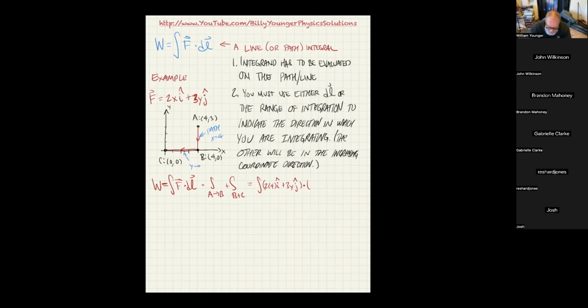So I'm going to say I'm integrating from y equals 3 to y equals 0. Okay. And then this guy just has to be in the positive y direction. So I'm going to say it is dy j hat. So that indicates direction, in the positive coordinate direction.